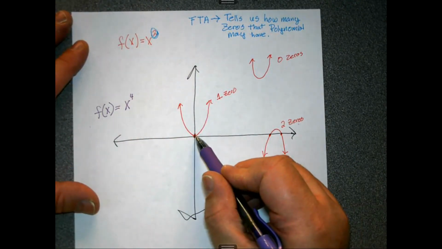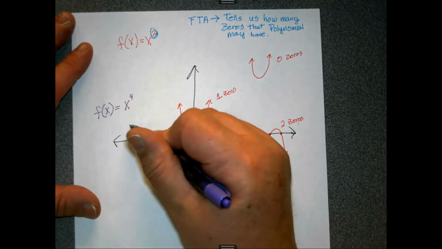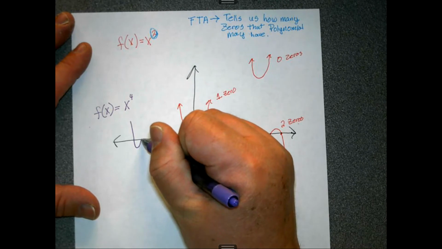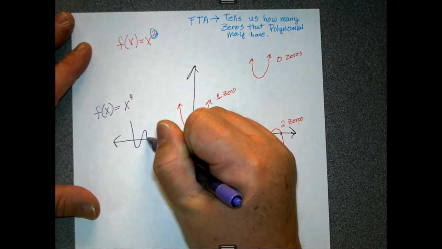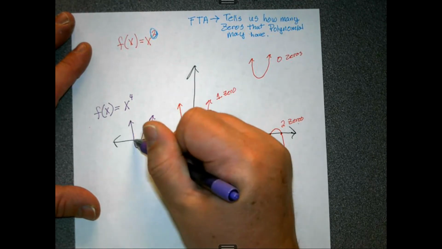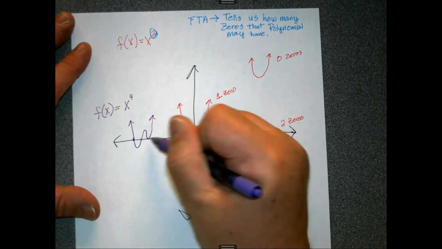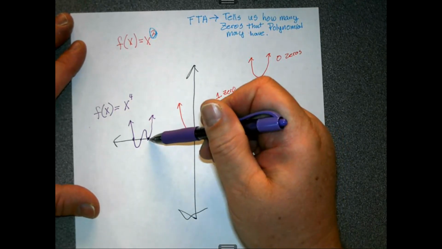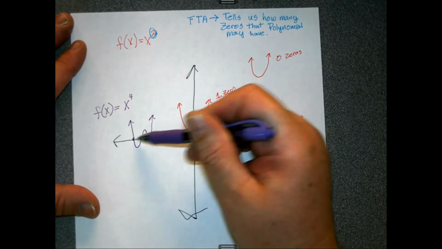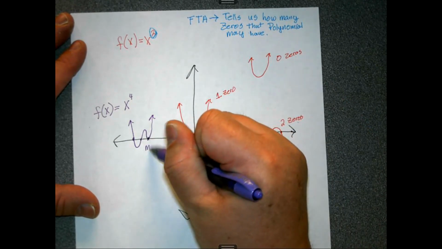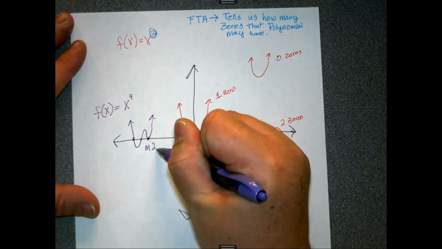So it's a parabola, and it has a bump. So it has 1, 2, 3 zeros, but we're going to say that this has a multiplicity of 2, so that it has 4 zeros.